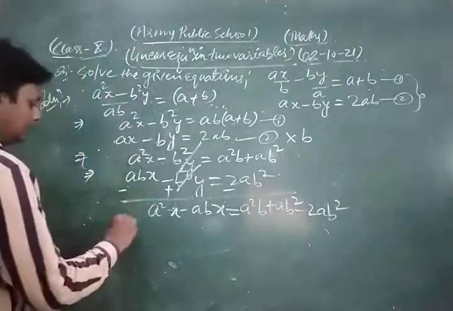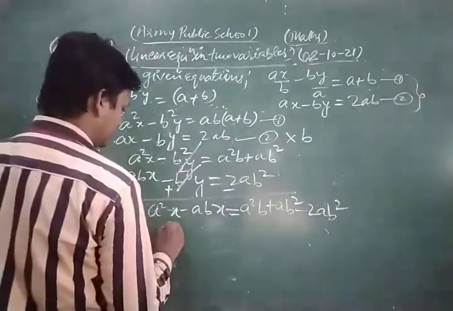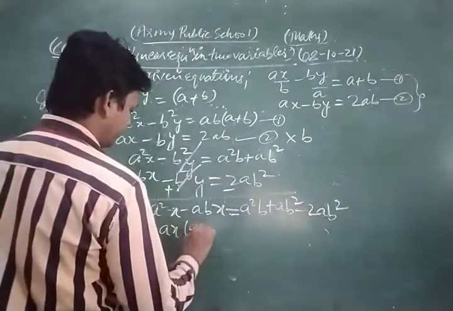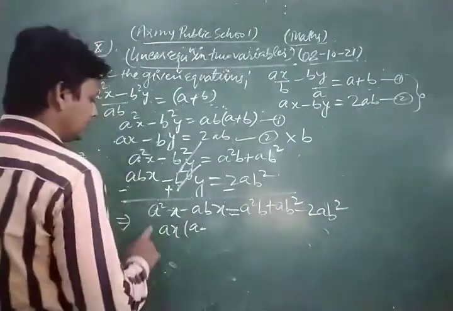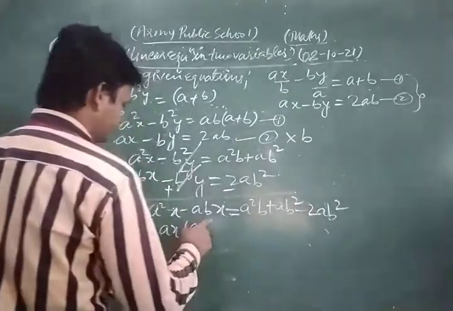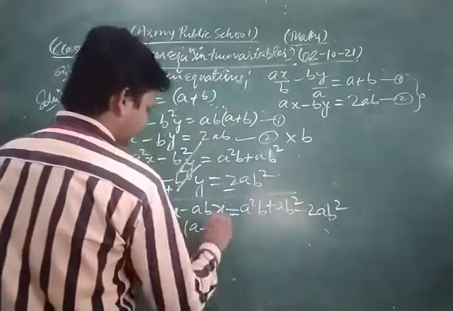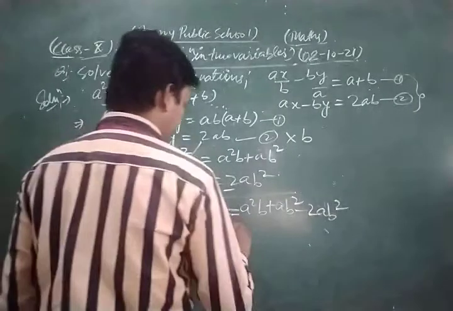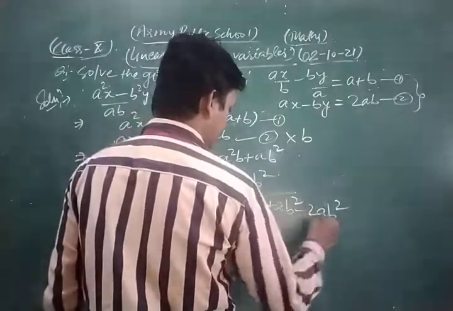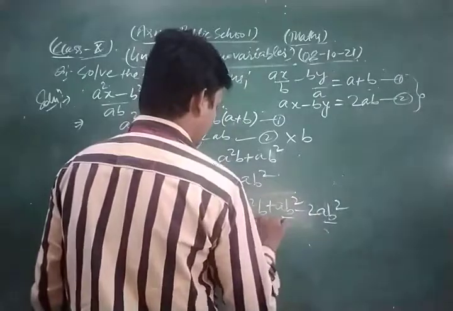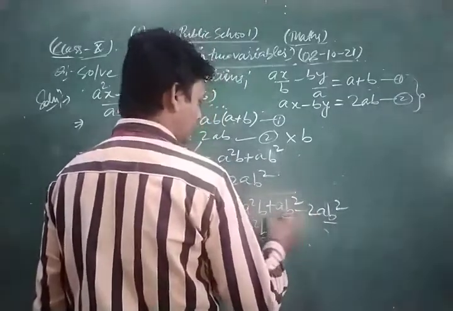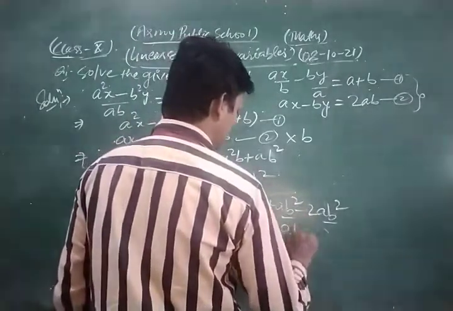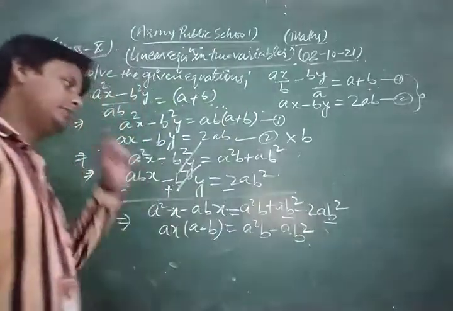From these two terms we take ax as common, so we get ax(a minus b). And here ab square and ab square, so a square b, and this is plus, this is minus, so we get minus ab square left.